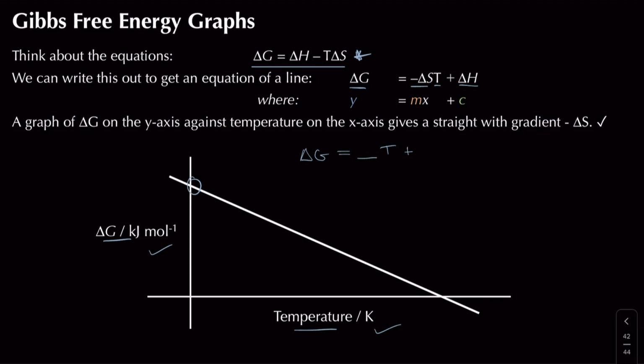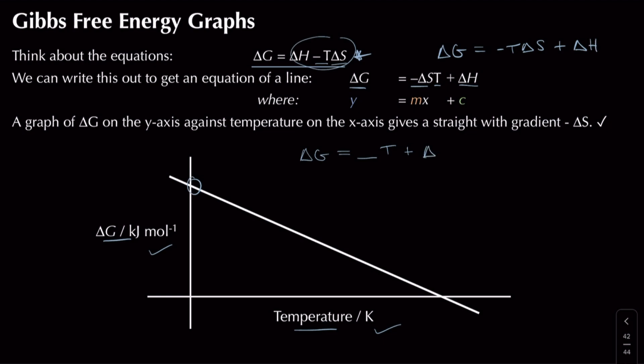Now how can I rearrange this into y equals mx plus c? Well, I can see my temperature is times by my delta S, and if I were to flip that around, I would end up with delta G being equal to minus T delta S, and then plus delta H itself.